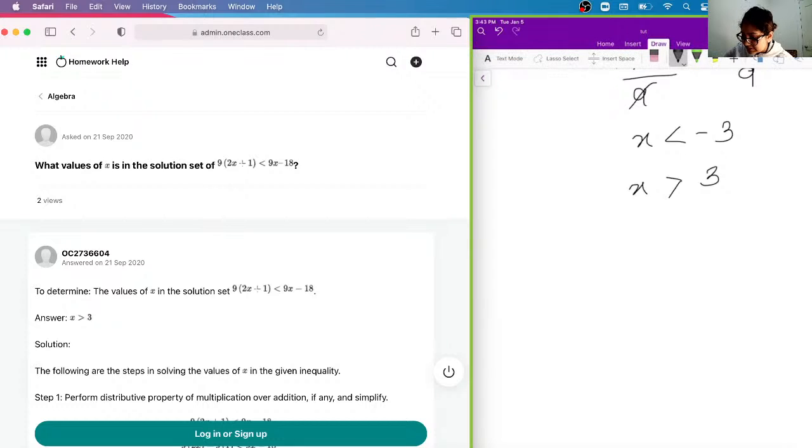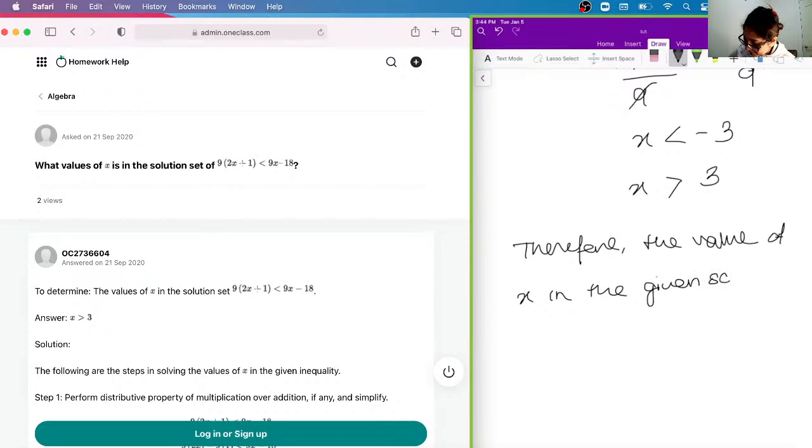And so therefore we can say the value of x in the given solution is x greater than 3, or you can say x is in the domain of 3 to positive infinity.